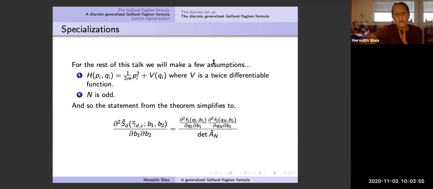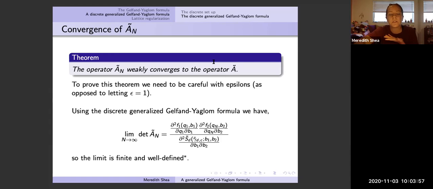Okay. So the convergence of a tilde n. If we're careful about epsilons, the operator a tilde n weakly converges to the operator a tilde. And not only does it converge, but we might want to ask ourselves what happens to the determinant as n goes to infinity.